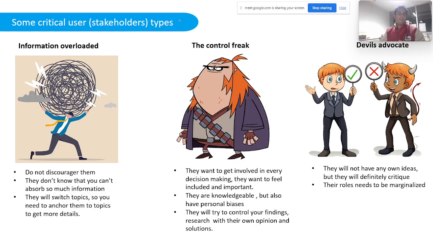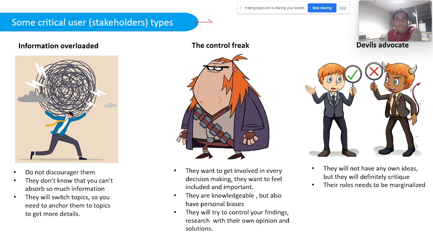Okay, so finally, we'll talk about certain user types that are typical in nature, and those we consider as critical users for our research and in the user-centric design process.